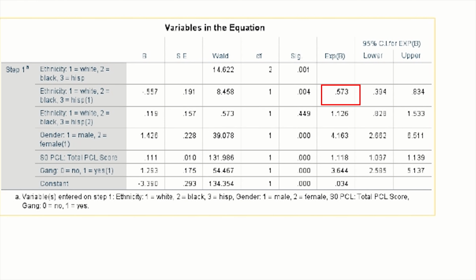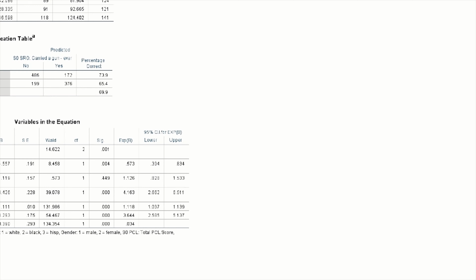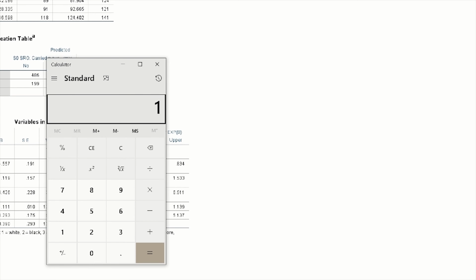But we have to do a bit of a transformation before we can actually interpret what's going on here. We cannot look at this and say, okay, 0.57, does that mean a 0.57 less odds? That's not how we interpret it. If we want to continue with our comparison of black participants compared to white participants, keeping white participants as our reference category, all we have to do is 1 minus the actual odds ratio, so 1 minus 0.573, and we get 0.427.